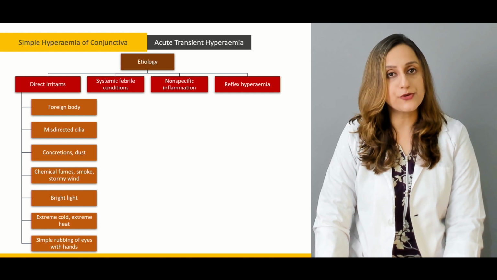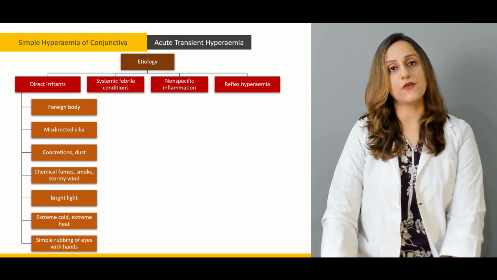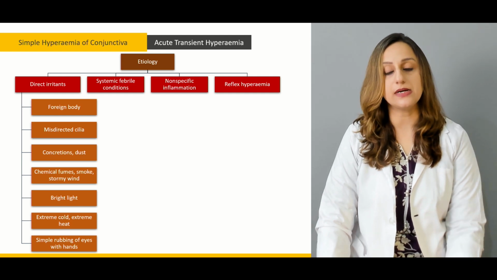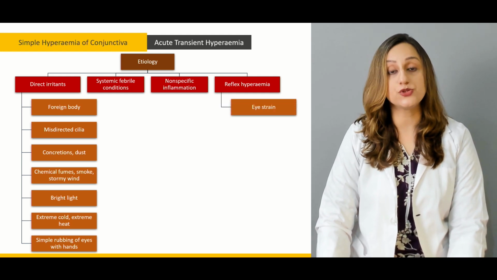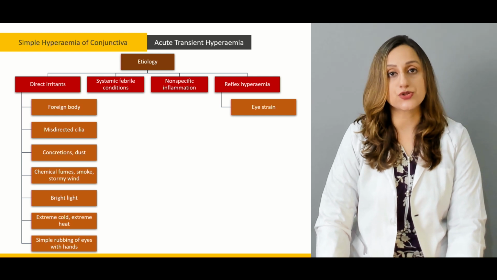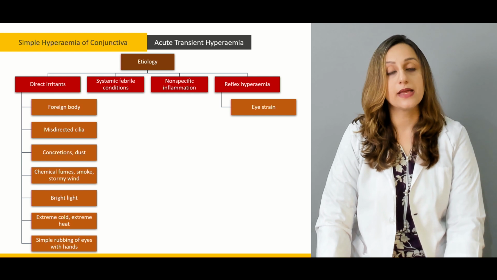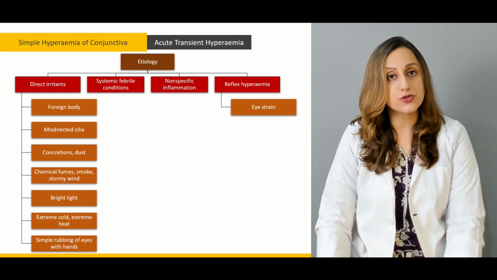The reflex hyperemia is one of the kinds of acute transient hyperemias, and it's basically due to constant eye strain. So it's usually found in individuals who are suffering from high myopia, so they're basically short-sighted individuals.